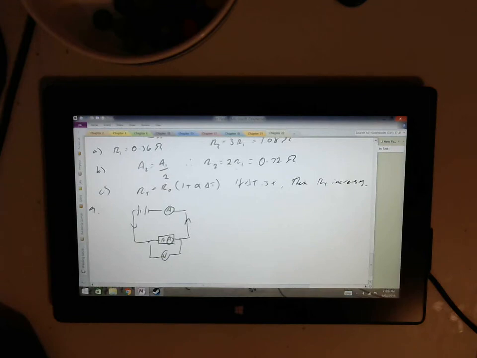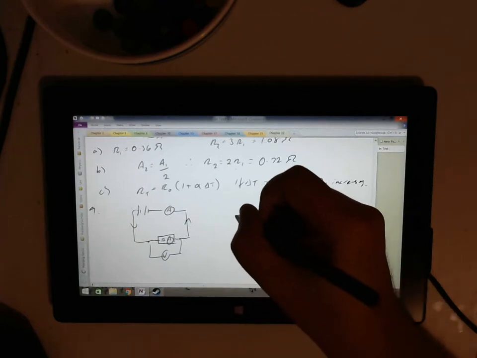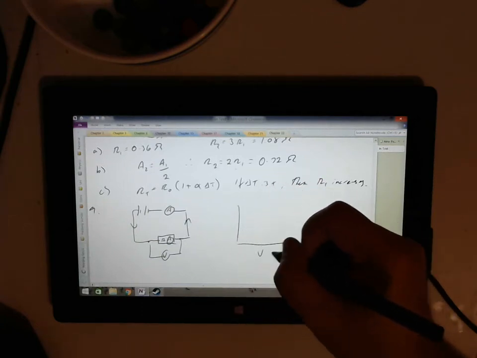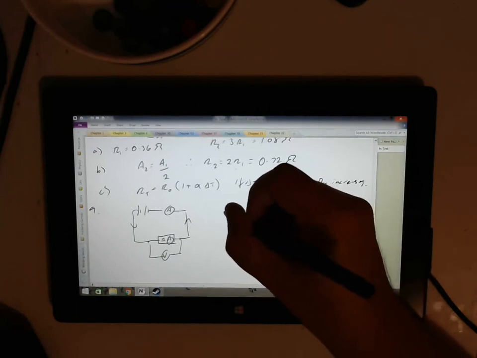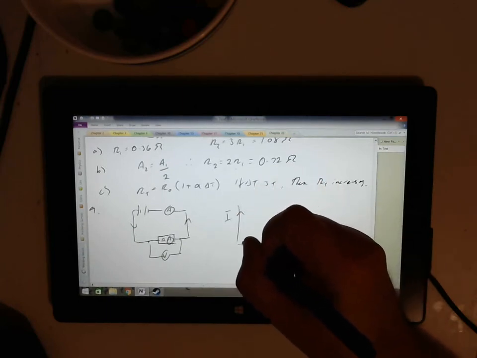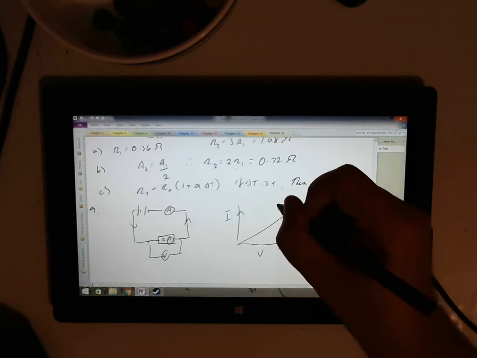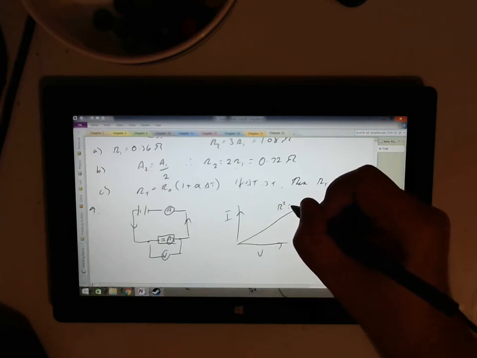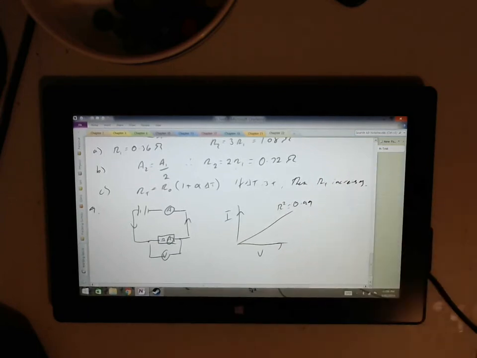And by doing that, it looks like I have a pretty close to straight line. So I have voltage down here, current on this side, and I have a nearly straight line with an r squared equaling 0.99. That tells me it's pretty much a straight line. There's just a little bit of variation, probably from how they figured out the numbers here, with a bit of rounding.